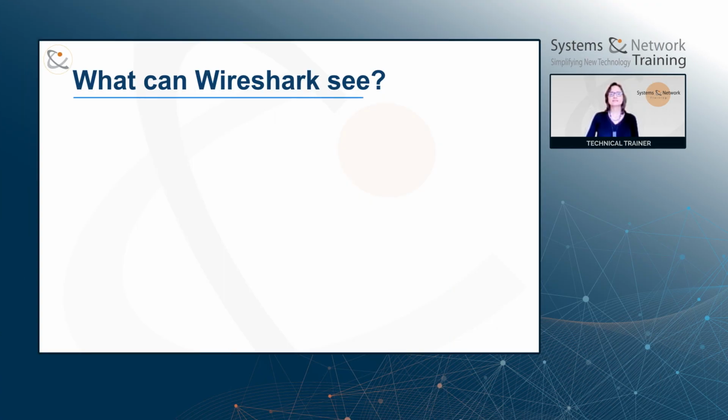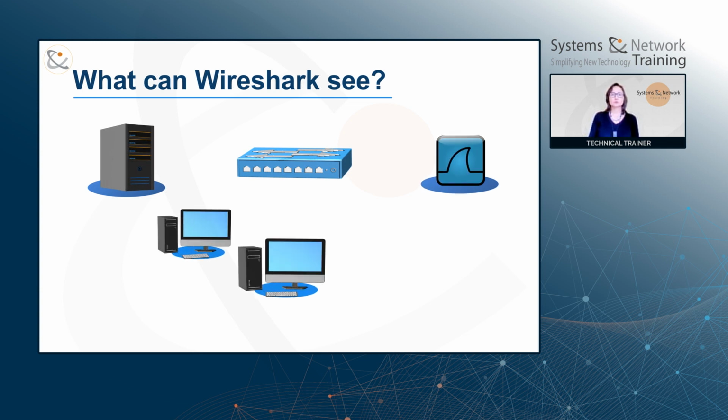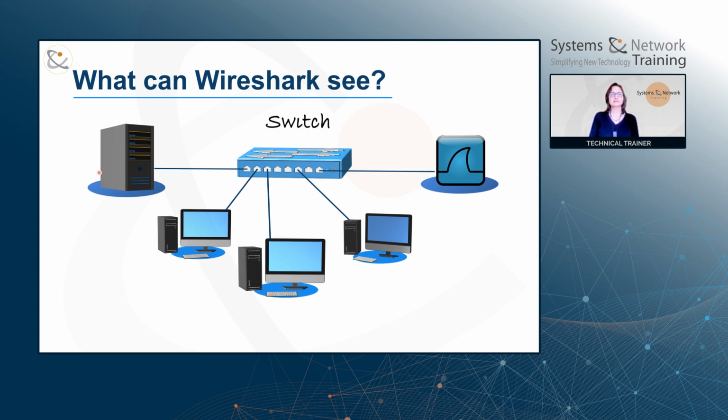So what can Wireshark see on your network? Here I've got an example of a very small network with a switch and various devices, the server, end devices, and the device that I'm running Wireshark on. Wireshark can see a conversation that you might be having with the server to the device that you're running Wireshark on, but it can't see a conversation that's going on between another end device and the server, or between two end devices on the switch.